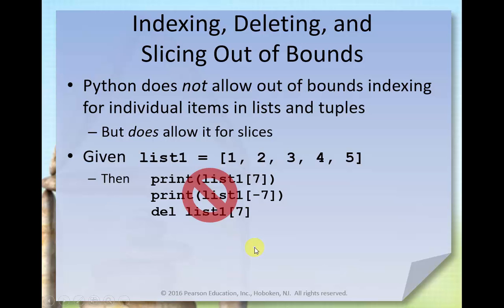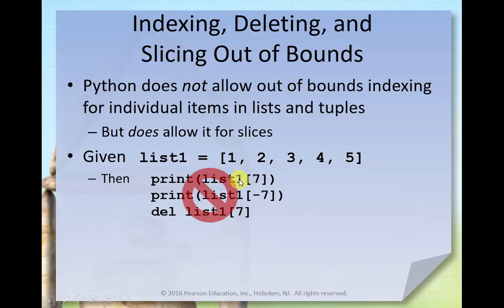We talked about how to index and delete, and we talked about slicing and things that might be out of bounds. Basically, you can't go out of bounds when you're indexing as far as lists and tuples are concerned. You can, however, slice it, and this is kind of an odd, exceptional thing. Here's a list, here's your 5 elements.